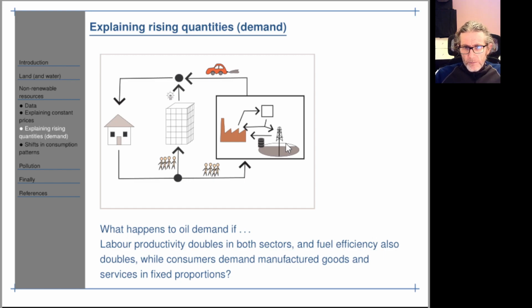So now, if energy efficiency also doubled, then we should have like 2 light bulbs and 2 cars, but there are 2 cars, they still only need 1 barrel of oil, right? So we should have decoupling. And of course, to an extent, we see this in countries like Sweden, that energy demand has leveled off. But at a global level, we're not seeing it. And we know that energy efficiency is going up across the globe.